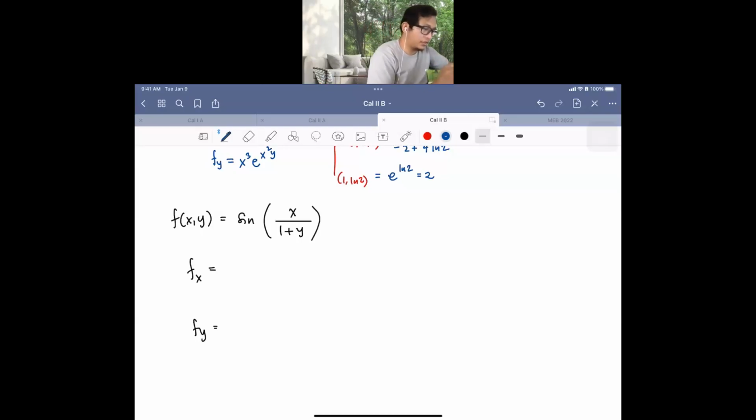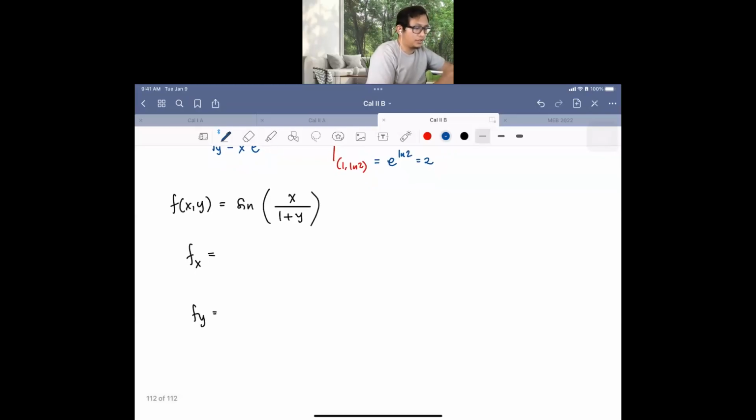So sine will become cosine of x/(1+y), and then you continue with the chain rule for x/(1+y).